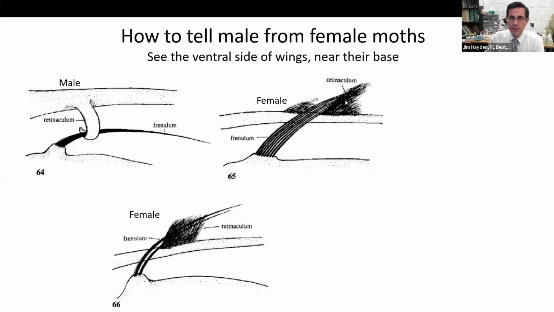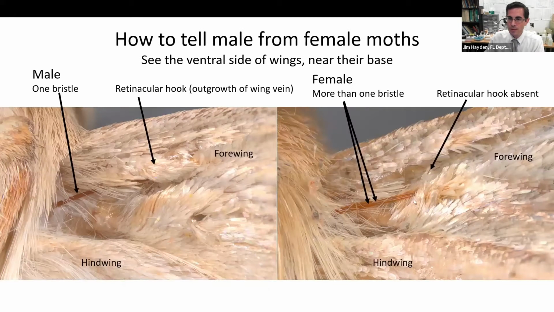They only have a bunch of bristles or scales that hold the bristles in place. These things here. So these are equally effective at holding the wings together. This is how the wings are held together as the moth flies. Otherwise, they'd be beating independently or get out of sync.